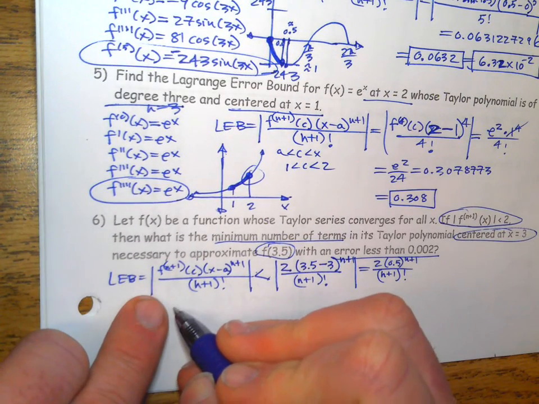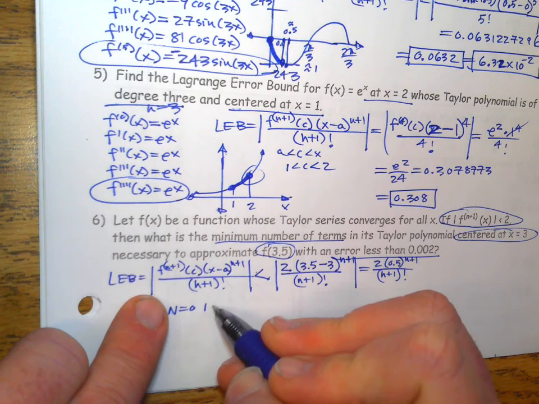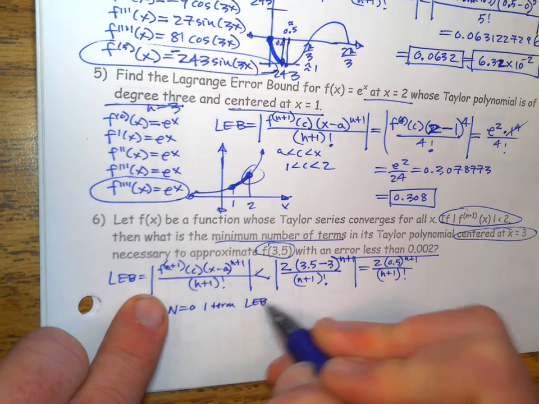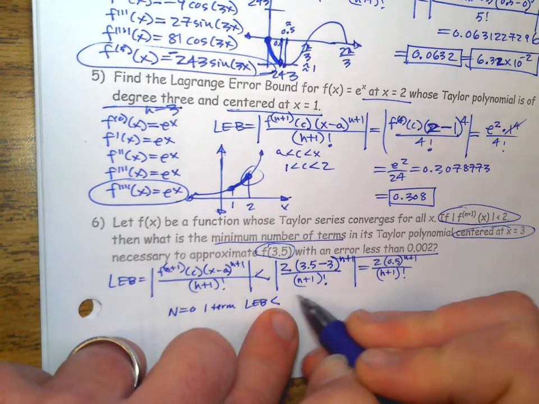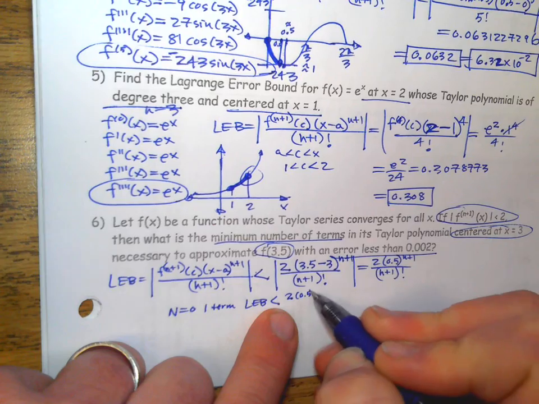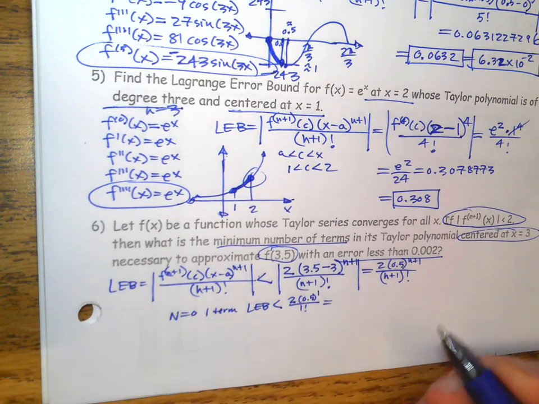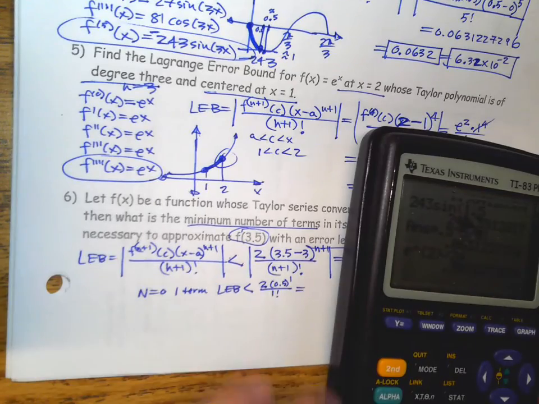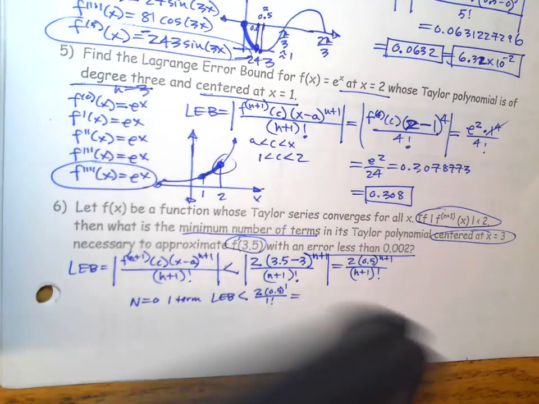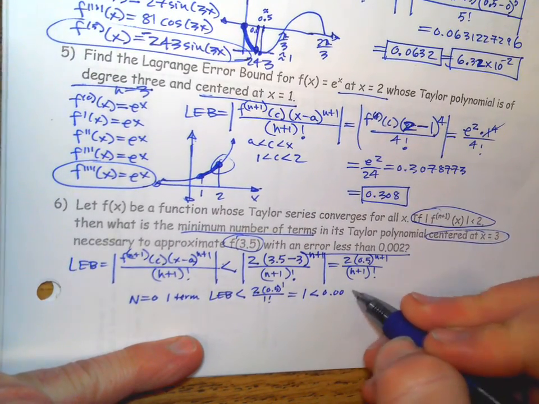So if we did n equals 0, which would be 1 term, then L.E.B would be less than 2 times 0.5 to the first power over 1 factorial. So that's just going to be 1, right? Is that less than 0.002?